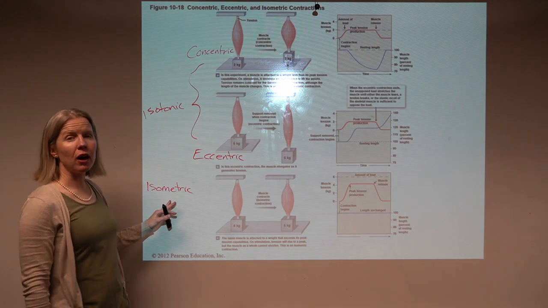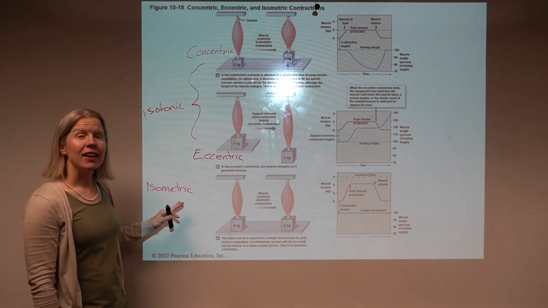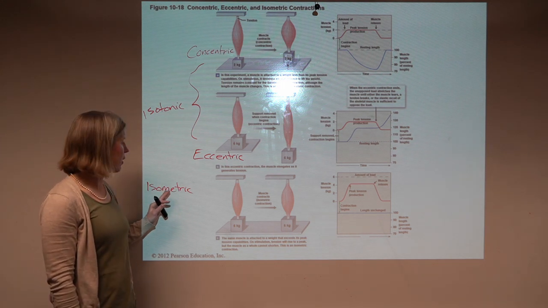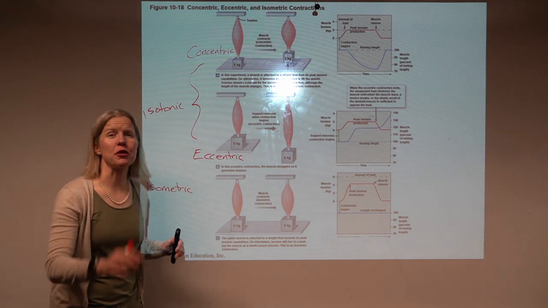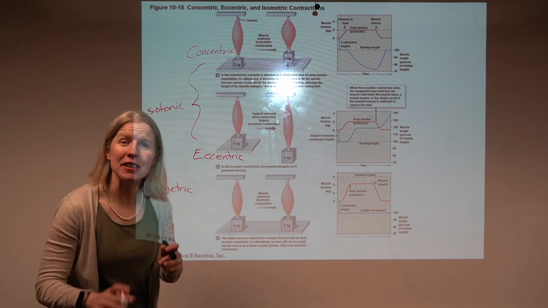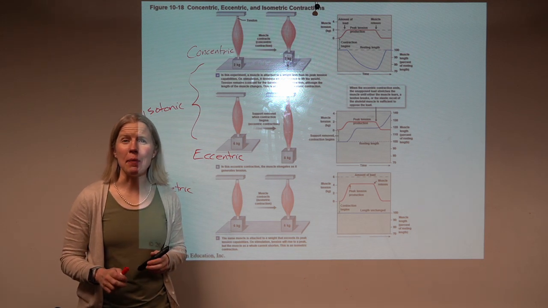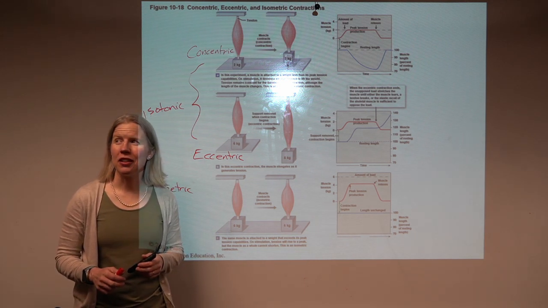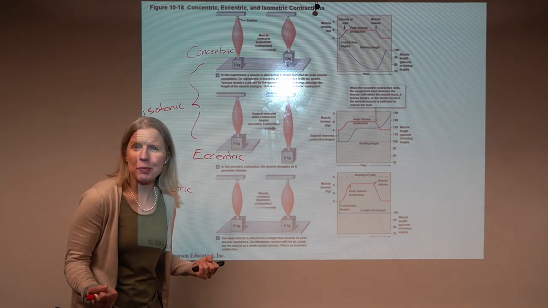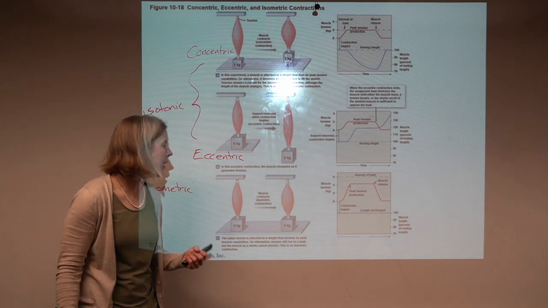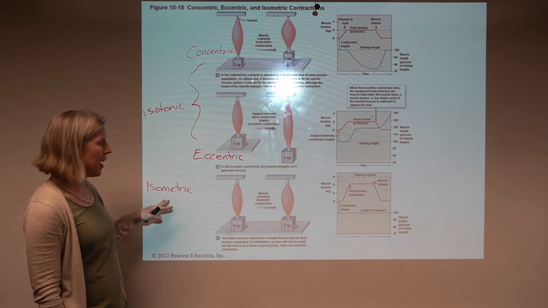This last group, the isometric contractions, the length of the muscle doesn't change while it's exerting force. So I think it was in the 70s, this was popular for strength training, right? Like just hold the weight in this position. You don't see that a whole lot anymore.